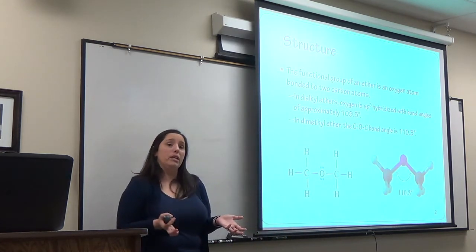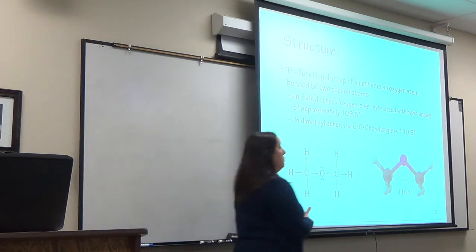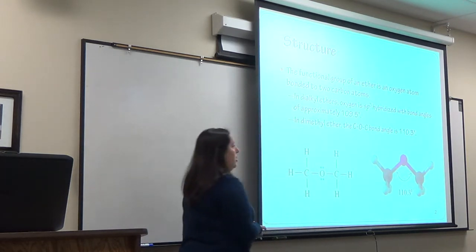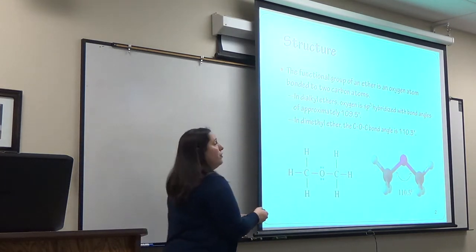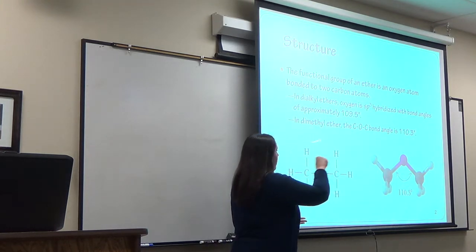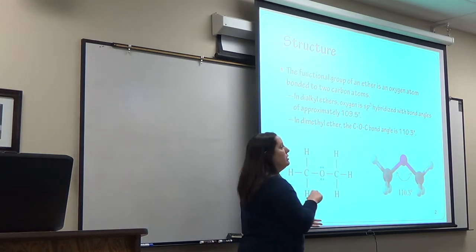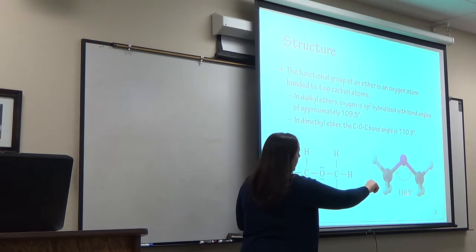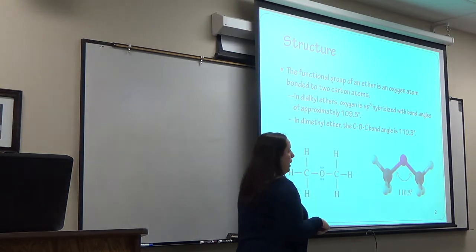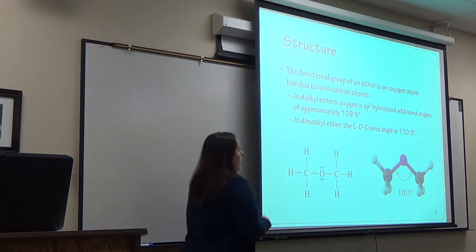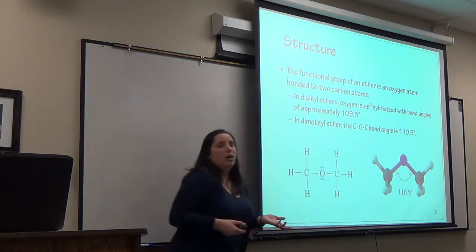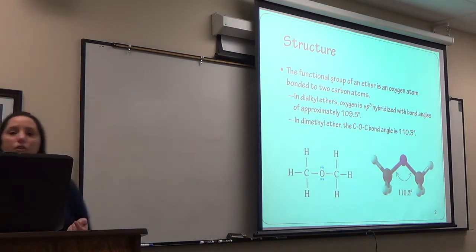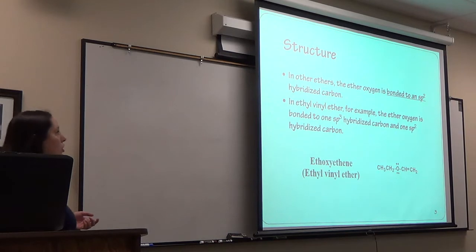They don't have to be identical or symmetrical in order to be an ether. If they are sp3 hybridized, then the angle is pretty close to the ideal, which is 109.5. So that's the general structure for an ether, an oxygen bonded to two carbons.